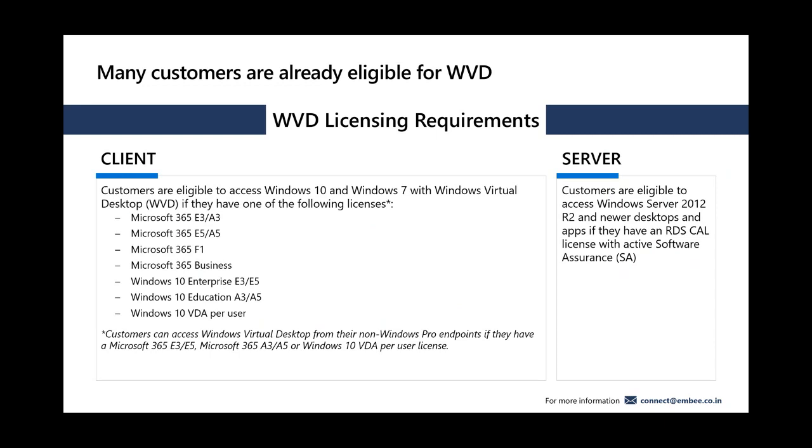You just have to pay the compute cost on Azure. Or if you have Windows Server 2012 R2 and RDS CALs with Software Assurance, then you can use the same licenses in the WVD environment in server-based virtualization. So if you want to leverage your existing benefits, that option is also there in WVD.